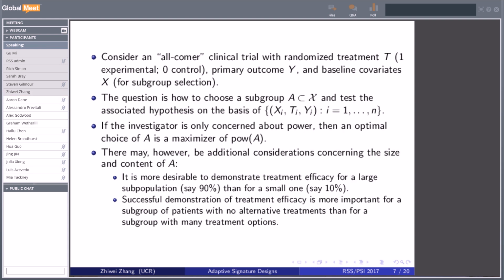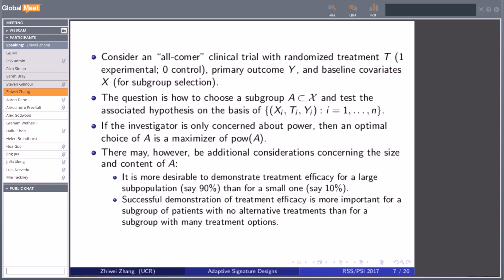Here, script X is the support of X, and a subgroup of patients is identified with a subset A of script X. If the investigator is only concerned about power, then we want to maximize this power function, which gives the power for demonstrating treatment efficacy for a subset A. There may be additional considerations concerning the size and content of A. Obviously, it's more desirable to demonstrate treatment efficacy for a larger subgroup than for a smaller one.